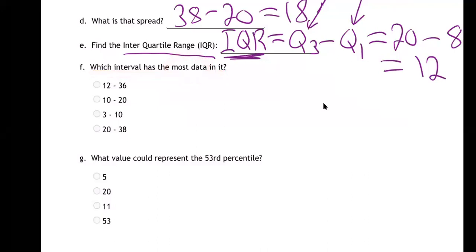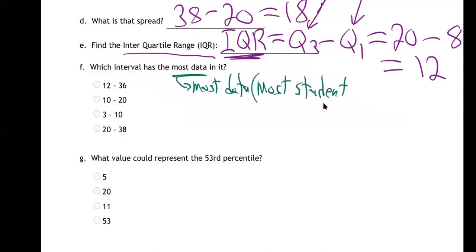Let me first really help you be super clear on the question. It says most data, meaning most student scores, right? That's what data means. Data values, most student scores.